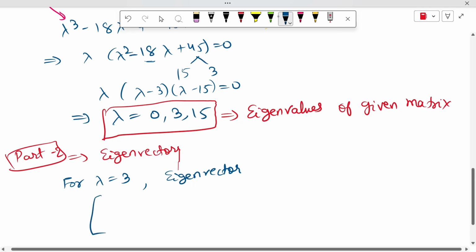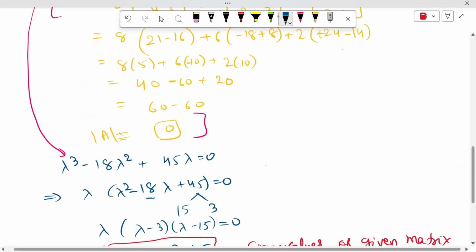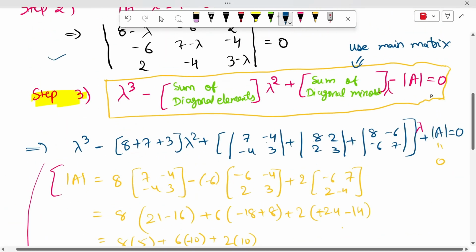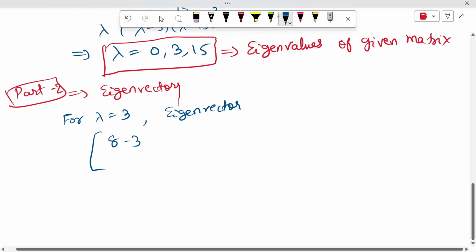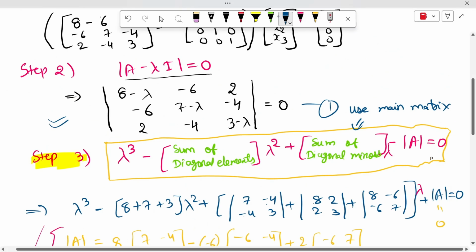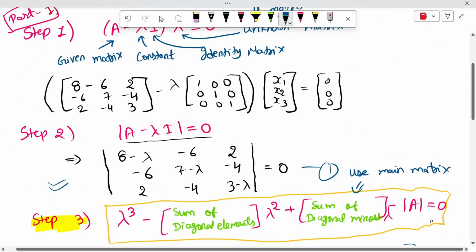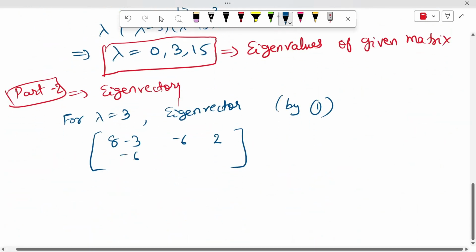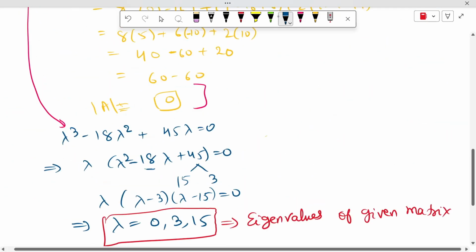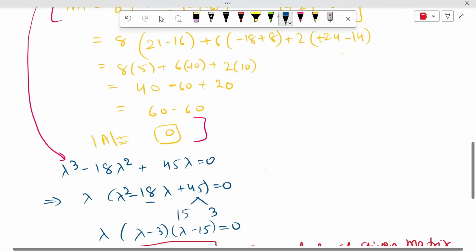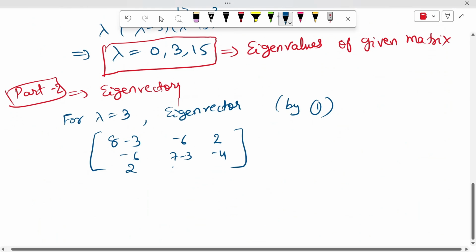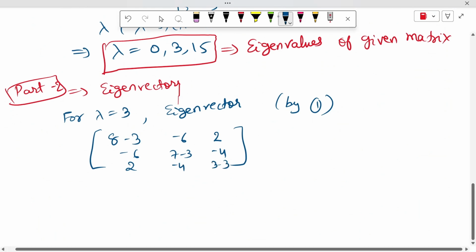What we will do here is put the lambda in this equation. So we get 8 minus 3, then minus 6, 2. For row 2 we get minus 6, 7 minus 3, minus 4. And for the third row, 2, minus 4, 3 minus 3.